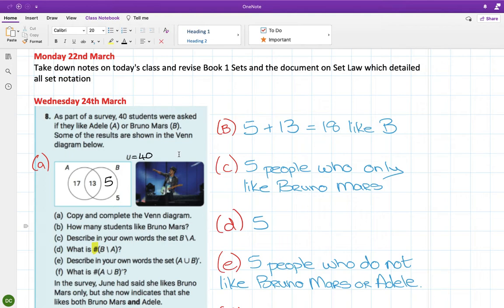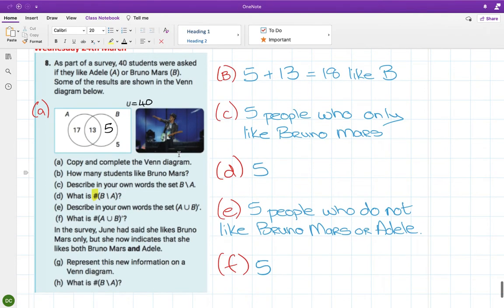Part G. In the survey, June had said she liked Bruno Mars only, but she now indicates that she likes Bruno Mars and Adele. Represent this new information on a Venn diagram.